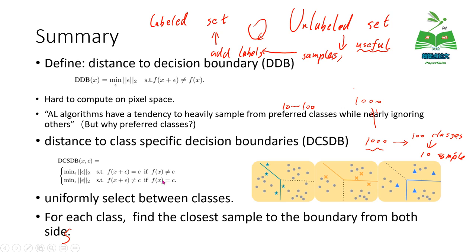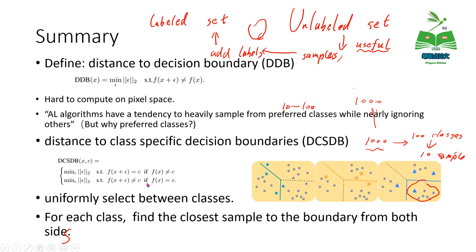Therefore, if f(x) is c, then we need to find the smallest epsilon to make the prediction not c. And if x is not c, then we need to find the perturbation to make it c. Then we can first show this example. So for this class c, right?